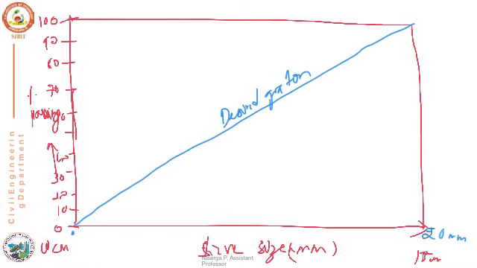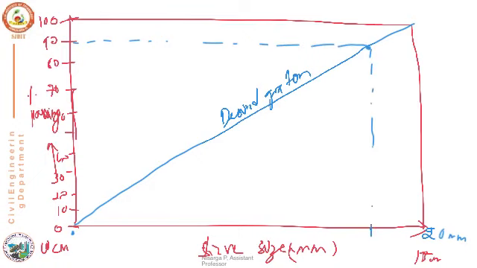The next is the 90% passing sieve that needs to be marked here. So how do you do it? 90% will be here. Just draw one light line such that the 90% will meet the desired gradation line, and drop that line down. Clear?